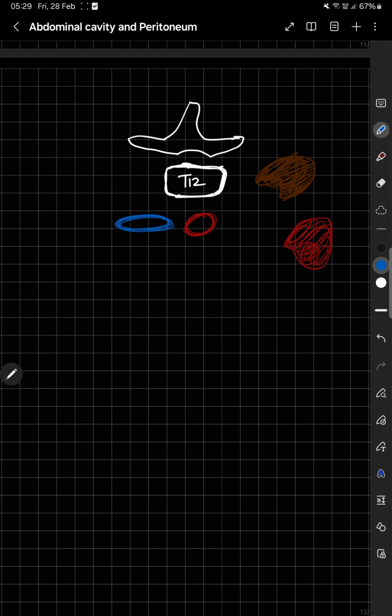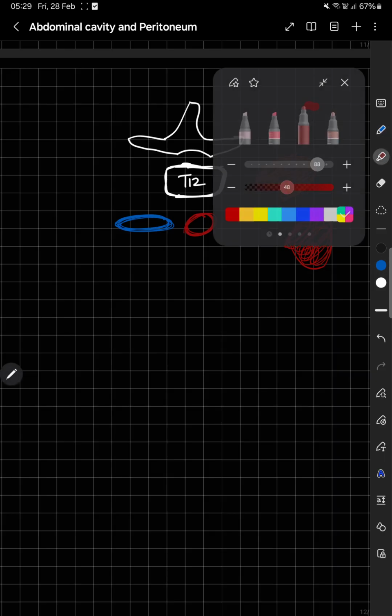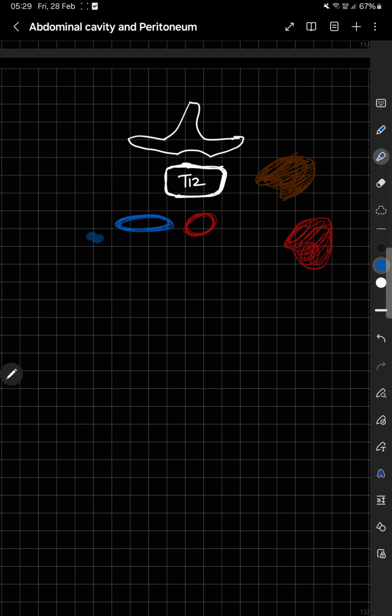So right in front of the vertebra, first we'll draw the aorta and inferior vena cava, then we'll give the outline of the lesser sac, something like this.